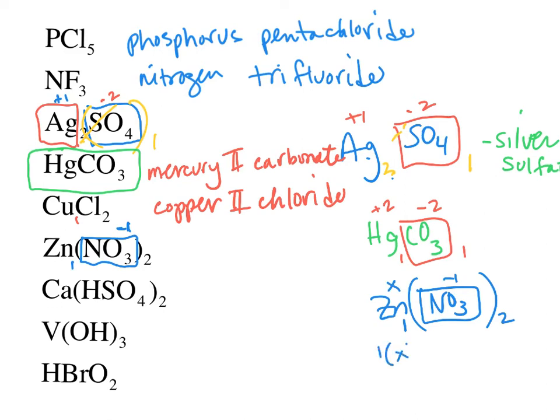So 1 times X plus 2 times -1, it's going to be 0 because it's neutral. And this X will be equal to +2. So this would be zinc 2 nitrate, but zinc is a transition metal. It happens to be one that only has 1 charge, so you don't have to call it zinc 2 nitrate. You can just call it zinc nitrate.